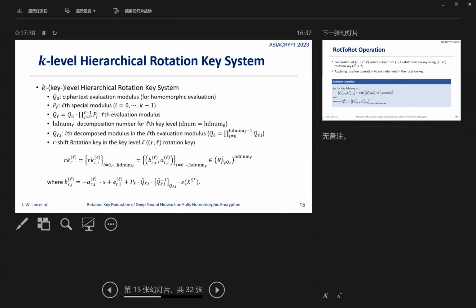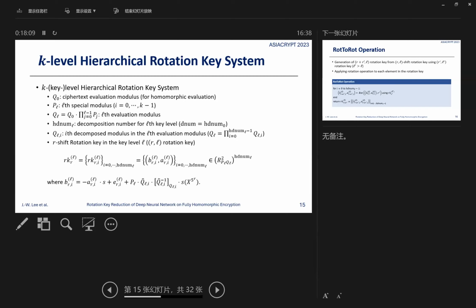In the conventional homomorphic encryption schemes, such as the BFV or CKKS scheme, there is originally one special modulus. But if we have the K-level hierarchical rotation key system, then there are K special moduli, with L from 0 to K maximum. So the hierarchy is in the modulus size.